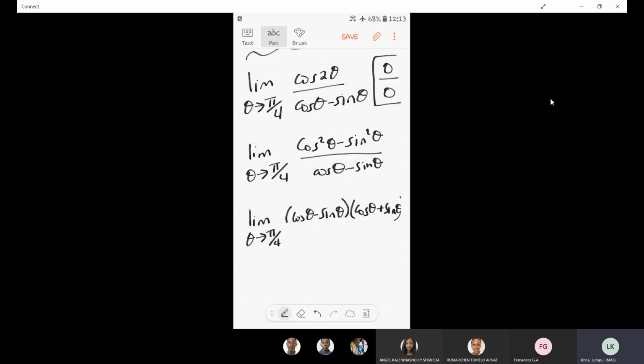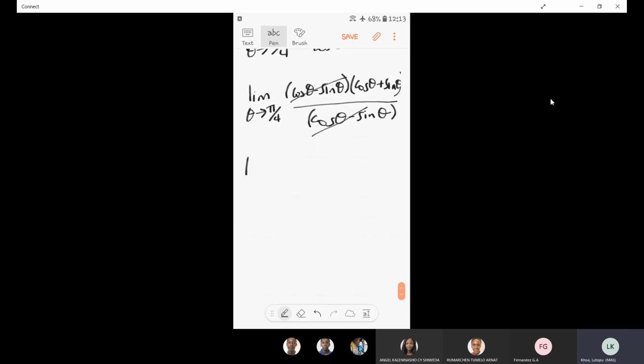Okay, you close your bracket and then divide by cos theta minus sine theta. Okay, these two brackets will cancel, and then I will be left with the limit as theta goes to pi over 4 of cos theta plus sine theta.